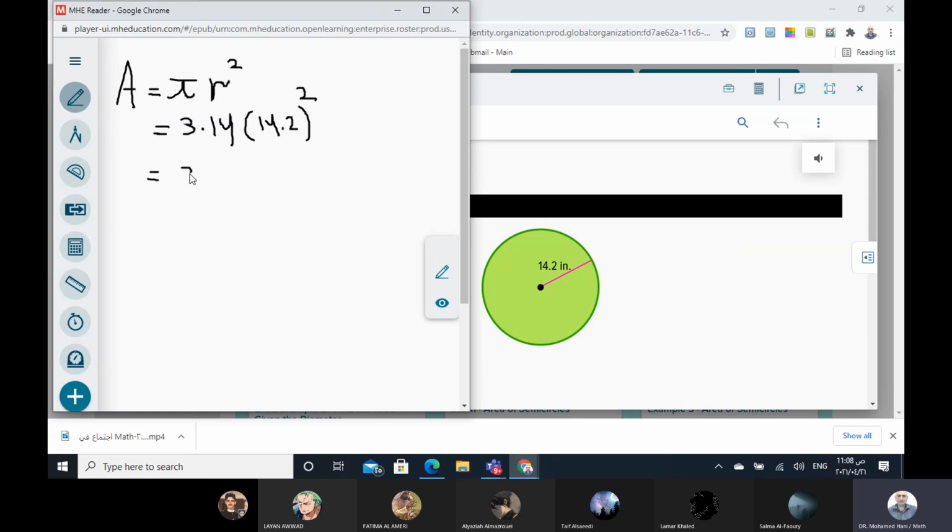So we have here 3.14 times, what's the meaning of 14.2 squared? Means 14.2 times 14.2.